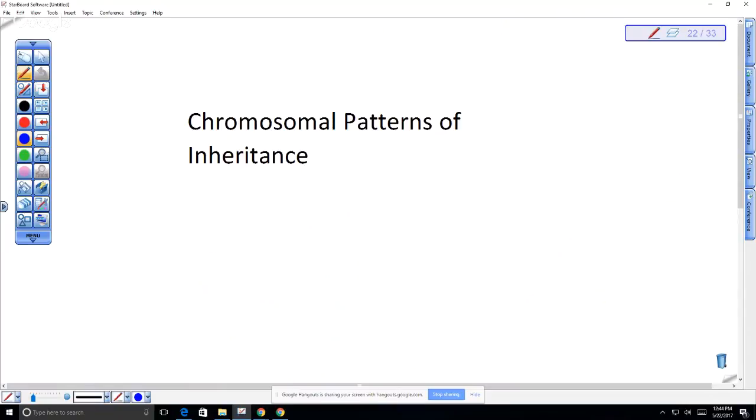And on each autosome, we have many, many different genes, okay? So this is what can be referred to as linked genes. And these are genes that are found on the same chromosome.